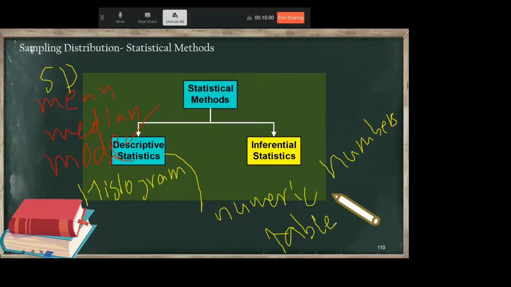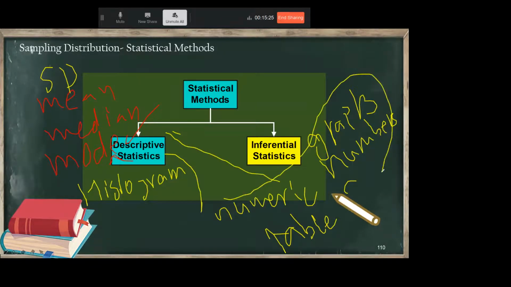We already talked about this, and there are two different kinds of data we can describe in descriptive statistics, qualitative and quantitative. So quantitative on this side and qualitative on this side. So numbers, tables, and graphs. We already talked about this phenomenon. So that's about descriptive statistics.